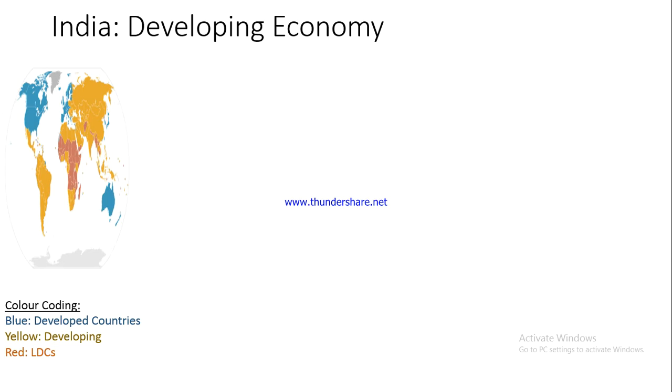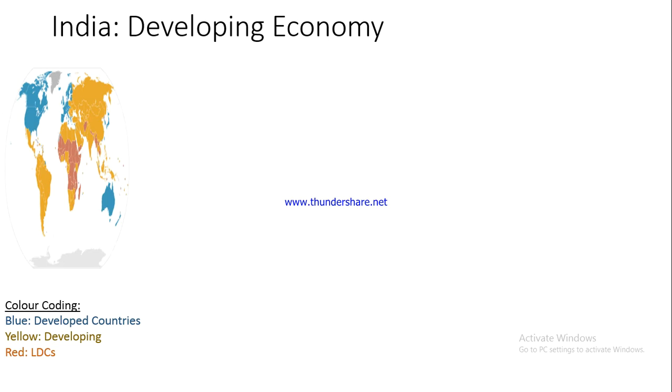about what is the level of development across the world, this particular figure which has been shown on the left of your screen actually divides the world into three different categories based on the level of development.